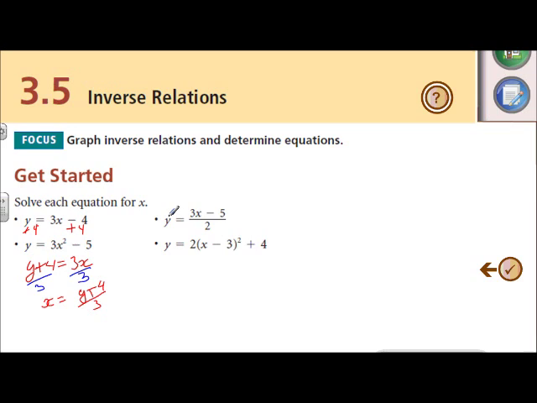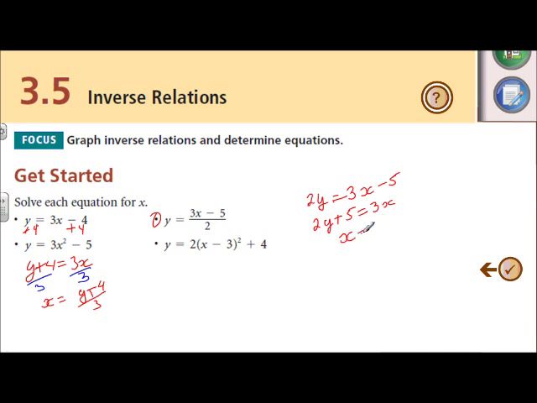The next one. So we'll do this one over here. So multiply by 2 first. So then we've got 2y equals 3x minus 5, add 5, 2y plus 5 equals 3x, and divide by 3.